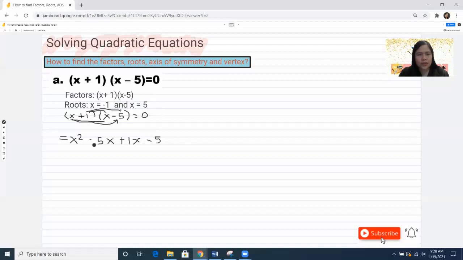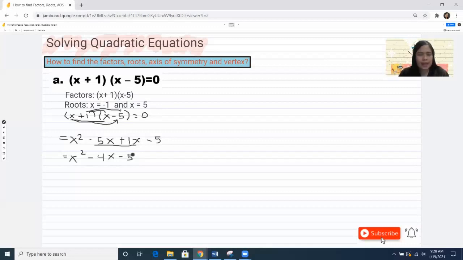We have two linear terms here, which we can combine as like terms, simplifying our equation to standard form. We now have x squared, then -5x plus 1x, so we'll have -4x, and then we bring down -5. There you go.